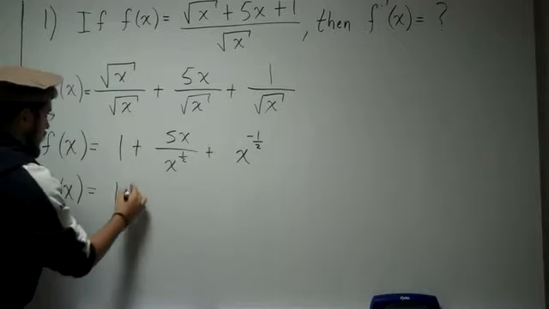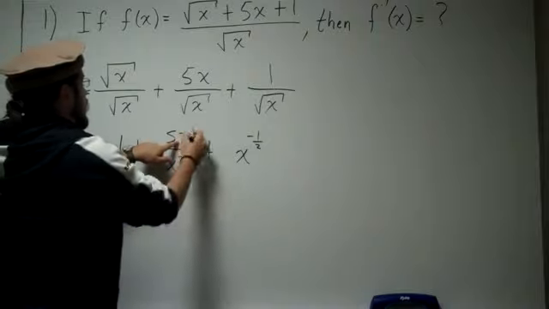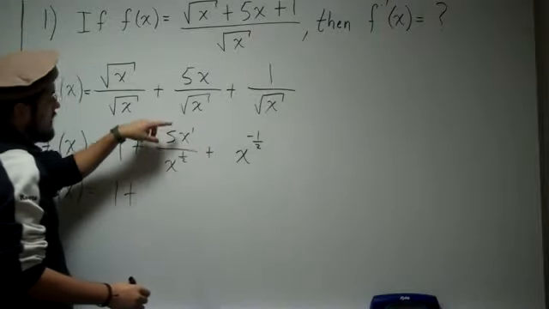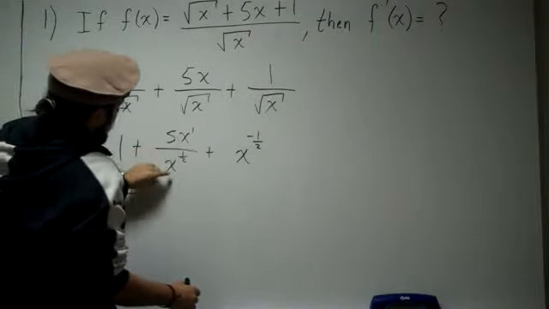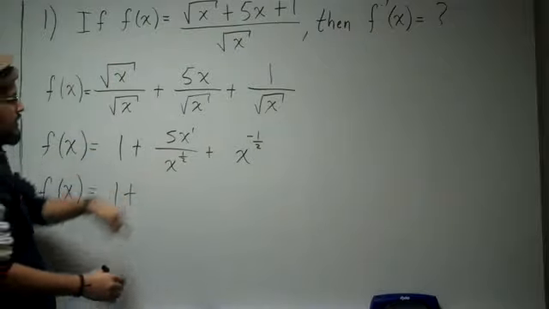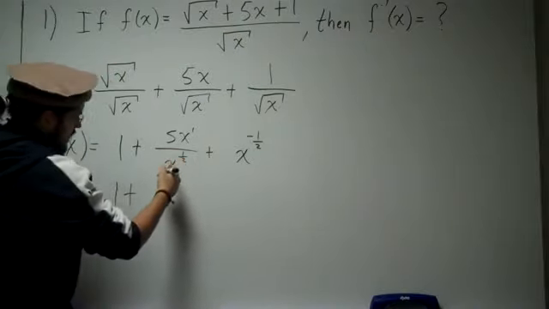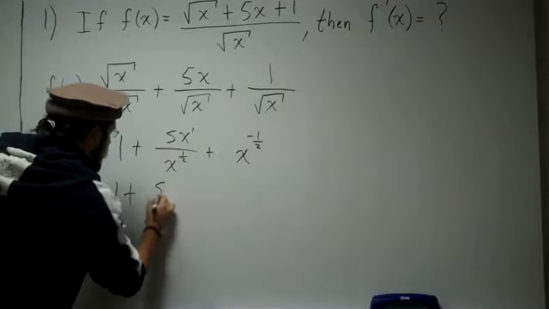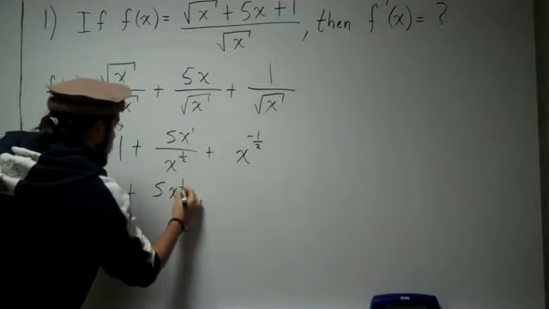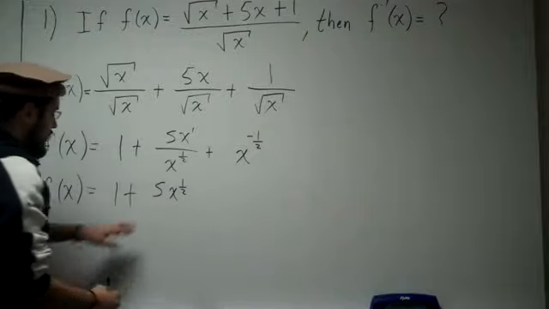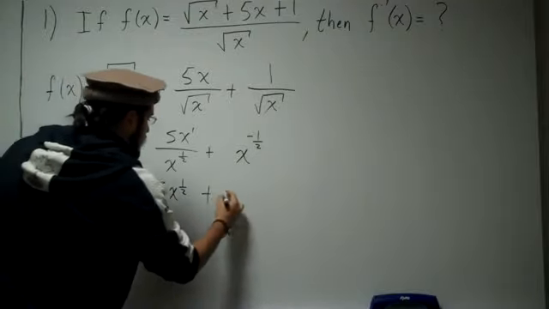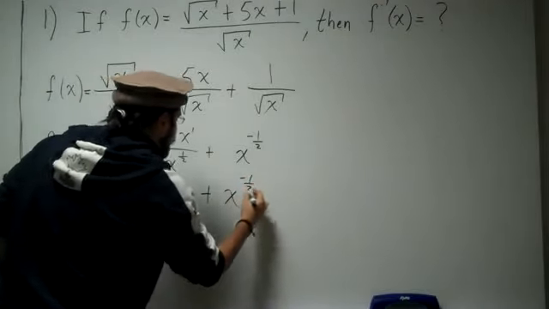That's still 1. We have x to the 1 here, so we subtract x to the 1 divided by x to the 1/2. We subtract the exponents. 1 minus 1/2 is 1/2. So we're left with 5x to the 1/2 on the top, plus x to the negative 1/2.